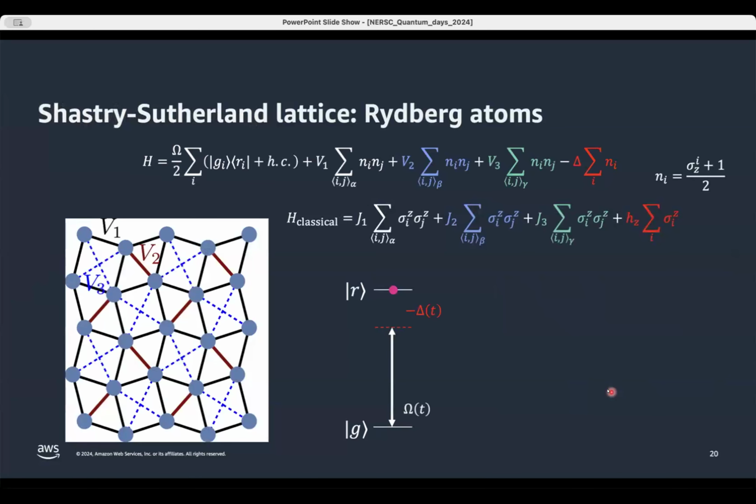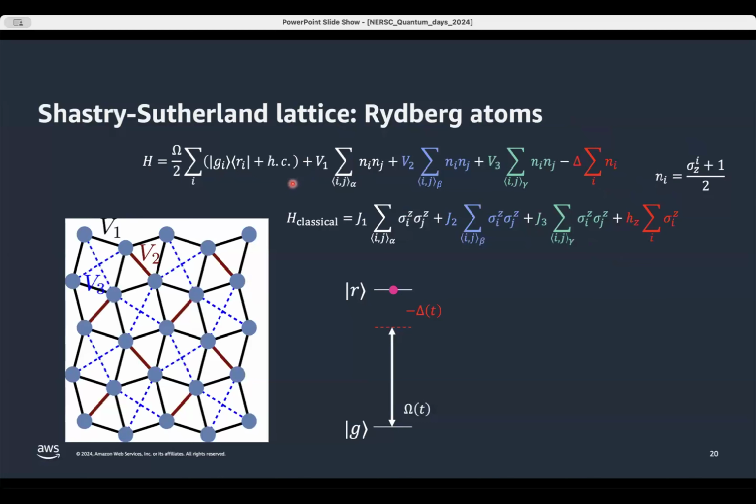So I already showed you the classical model, which is here. To study the model in a Rydberg atom device, we redefine this model in the following way. We make this transformation, and now this part is the classical model that we just talked about.